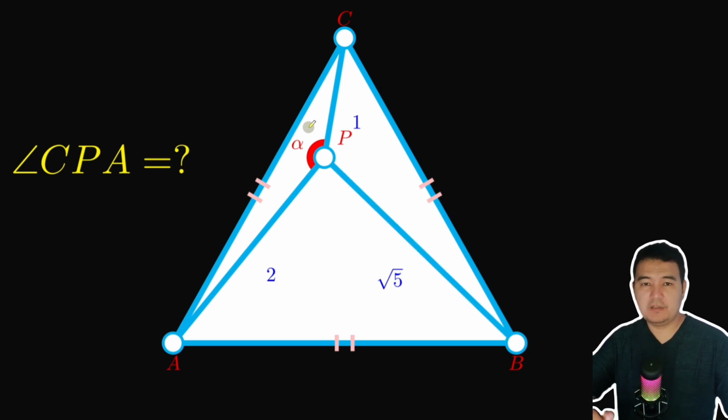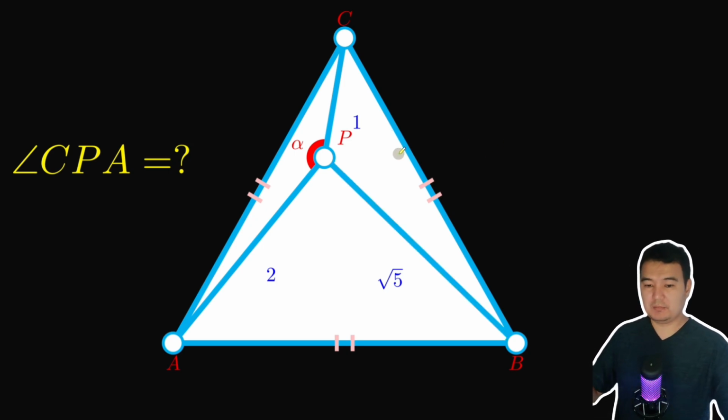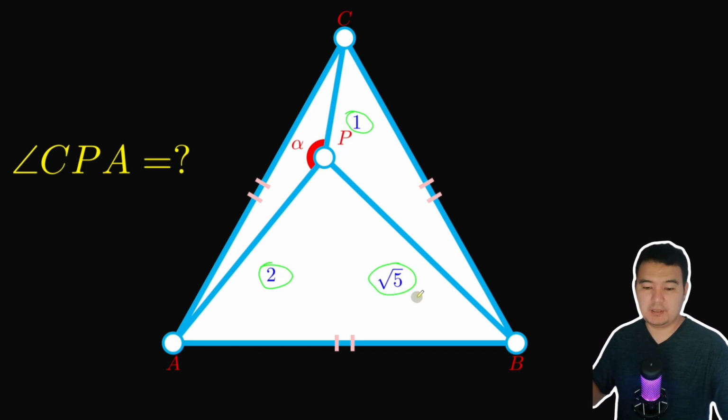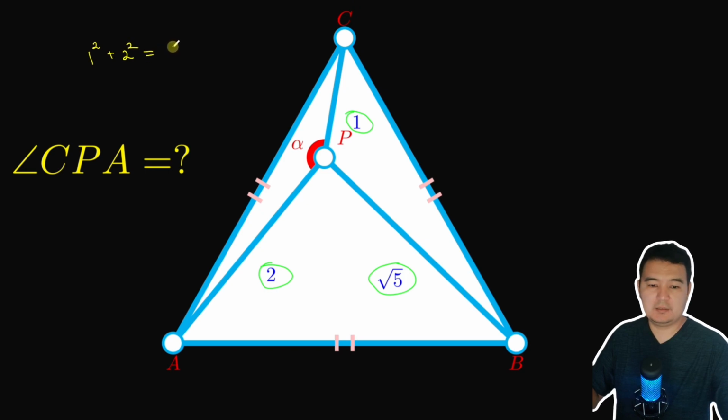So the first observation that I'm going to make in this problem is these three numbers: 1, 2, and root of 5. Two of them are integers, and the third one is root of 5. But the relation between them, you can see, is that if you do 1 square plus 2 square, that's root of 5 square, or 1 square plus 2 square is just 5.